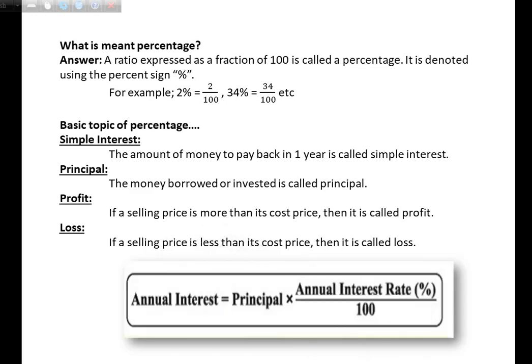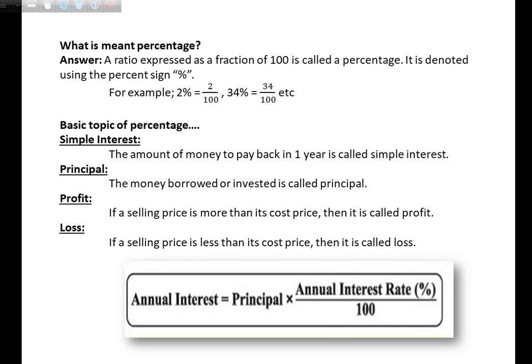And there is a formula by which we can find the annual interest or principal or rate of interest, etc. This equation is: annual interest equals principal multiplied by time multiplied by annual interest rate divided by 100. In letters, it can be expressed as I equals PNR by 100.